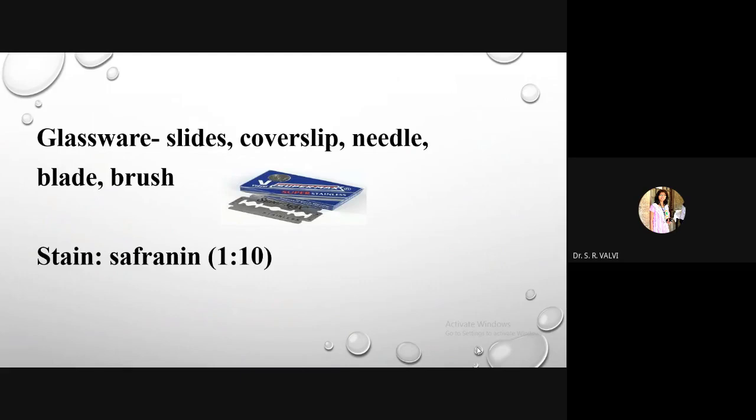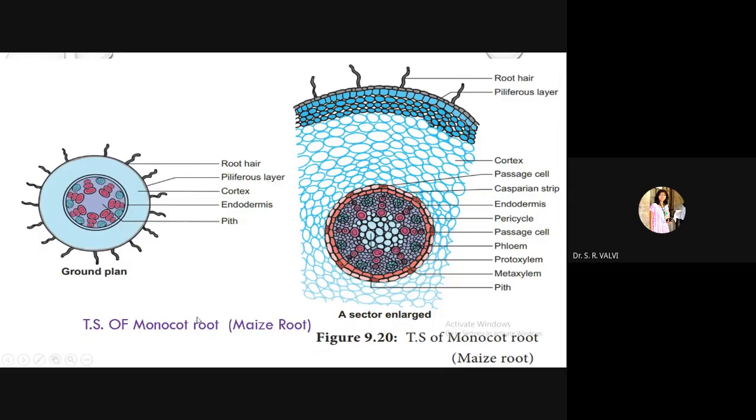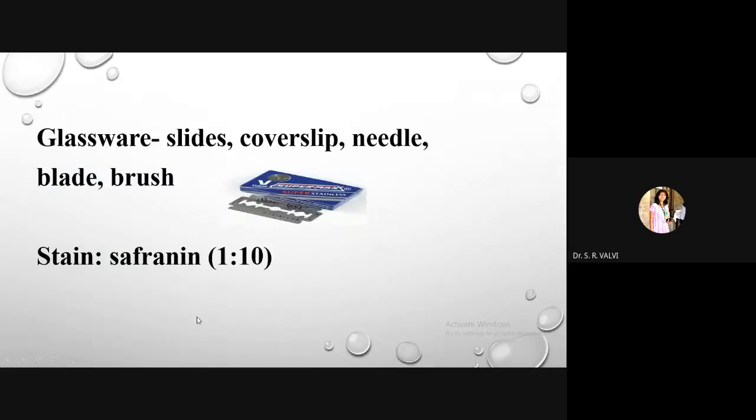Mix this content well, and then place your sections in this 1:10 safranin stain. Suppose you take the drop of safranin as it is, it will give you a very dark stained section. We don't want such bad sections. Your duty is to remember this proportion and make a very faint stain so that it only gives color to the dead tissue.